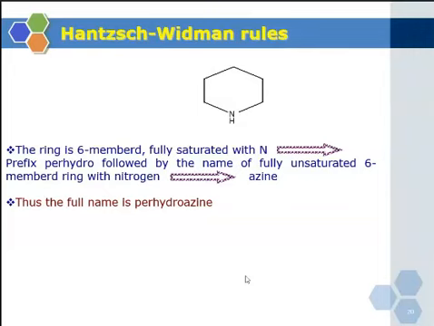When we talk about a 6-membered ring with nitrogen, it is called azine. However, as it is a saturated one, we have to attach the prefix perhydro. Hence, the full name is perhydroazine.